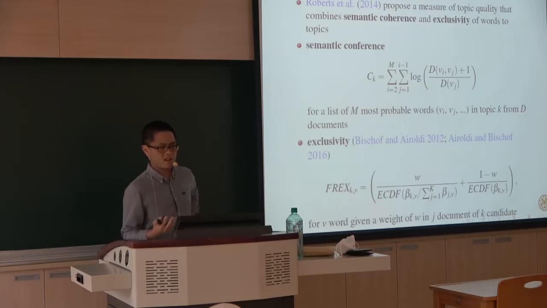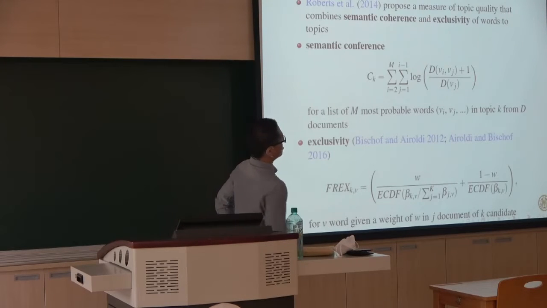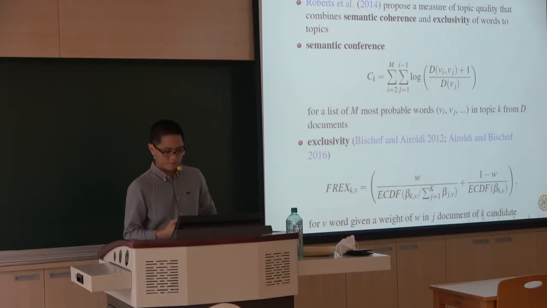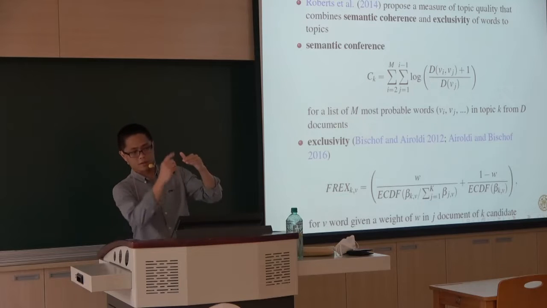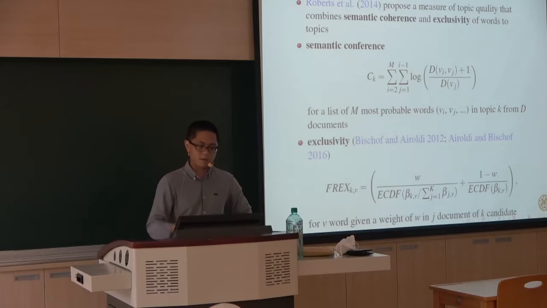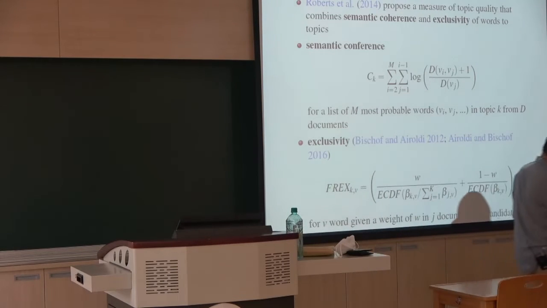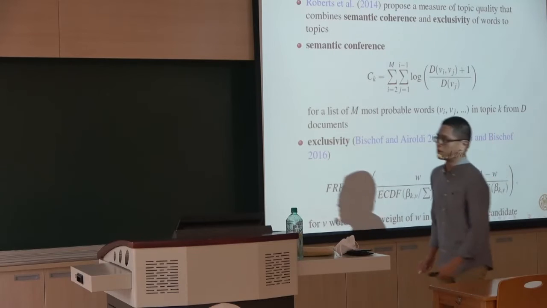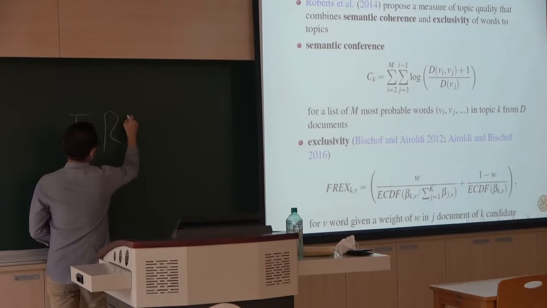They proposed a measure of topic quality that combines semantic coherence and exclusivity, which is a weighted harmonic mean, the inverse of the frequency distribution, in terms of a word's exclusivity and frequency. So that's where the abbreviation of this measure comes from: FREX.